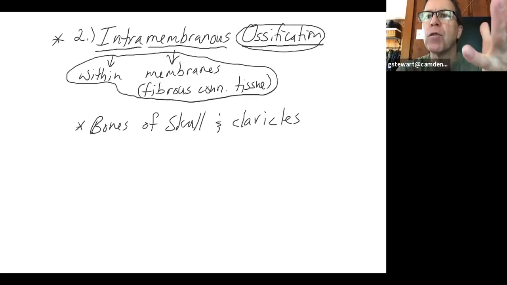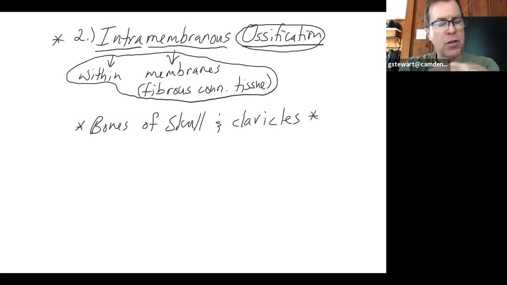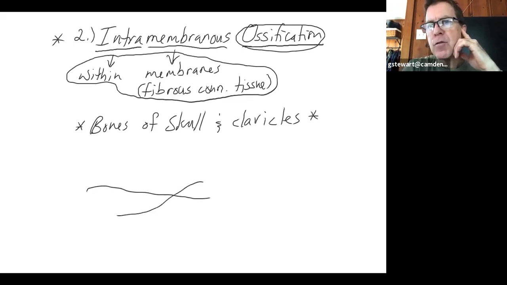So we've deciphered what this means, and we know which bones use this process. I'm just covering the basics here. Rather than a hyaline cartilage model, which we don't use in this particular form of development, we start out with a sort of bird's nest, a mass of fibrous connective tissue.